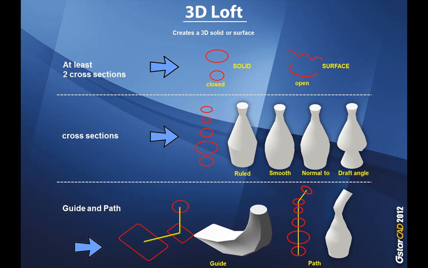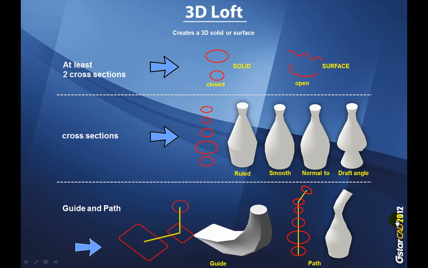In this path you can also have several cross sections, and lofting by path is characterized by having a polyline as a center line, as you can see. So the path is a polyline, and the guide is a single line. There are two single lines.